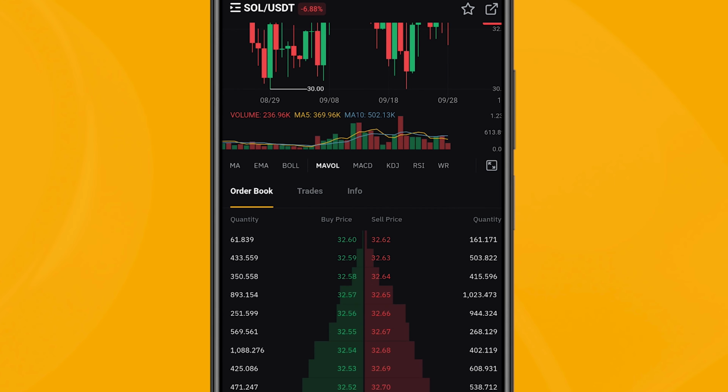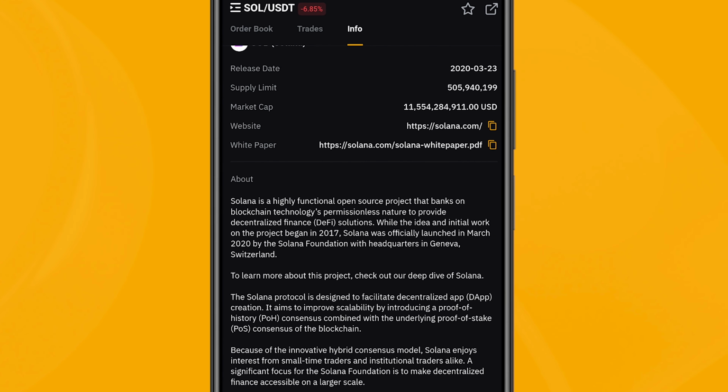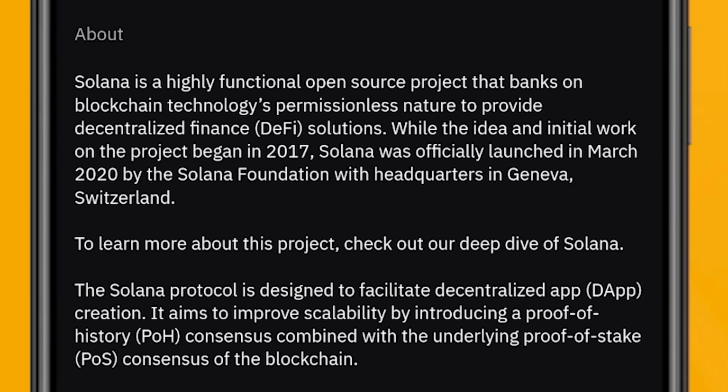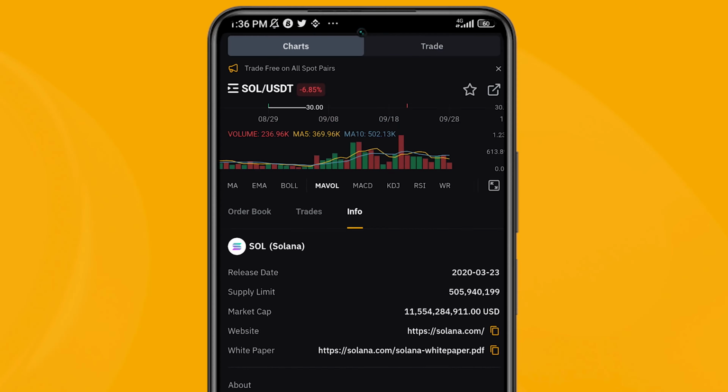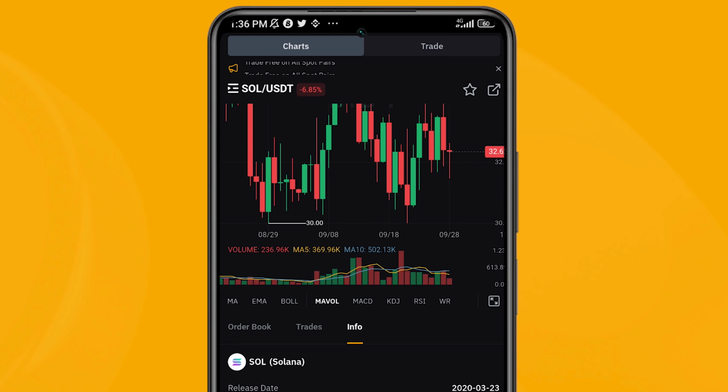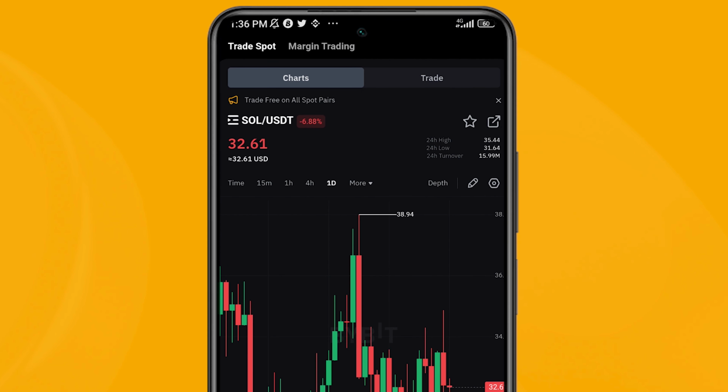If you go to info, you can see info about Solana. Solana is a highly functional open source project that banks on blockchain technology. You can see small info about Solana, when it started, the total supply, the circulating supply, and everything.